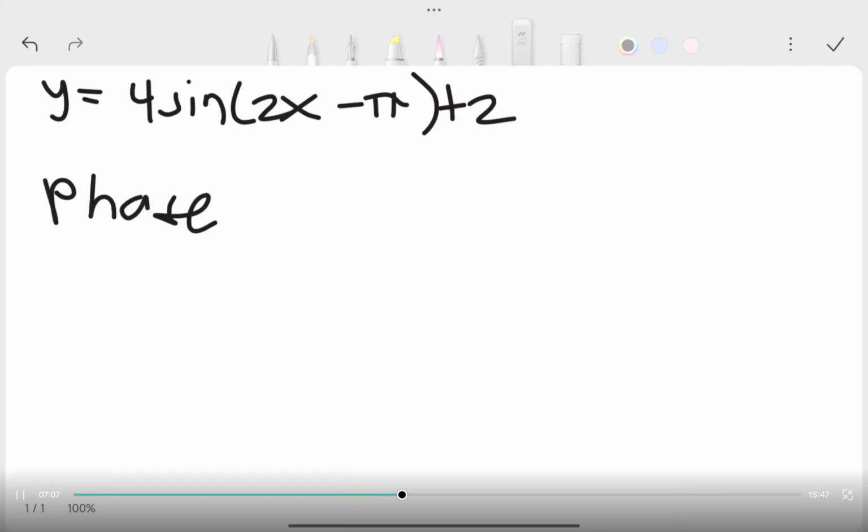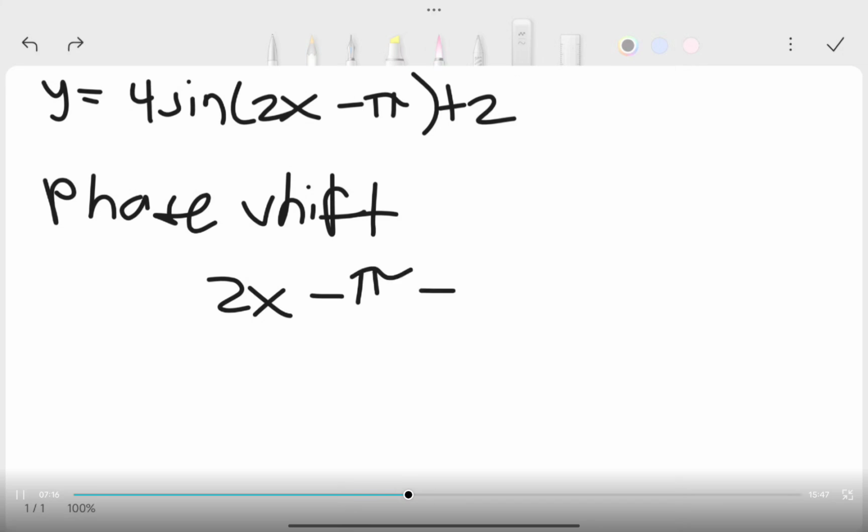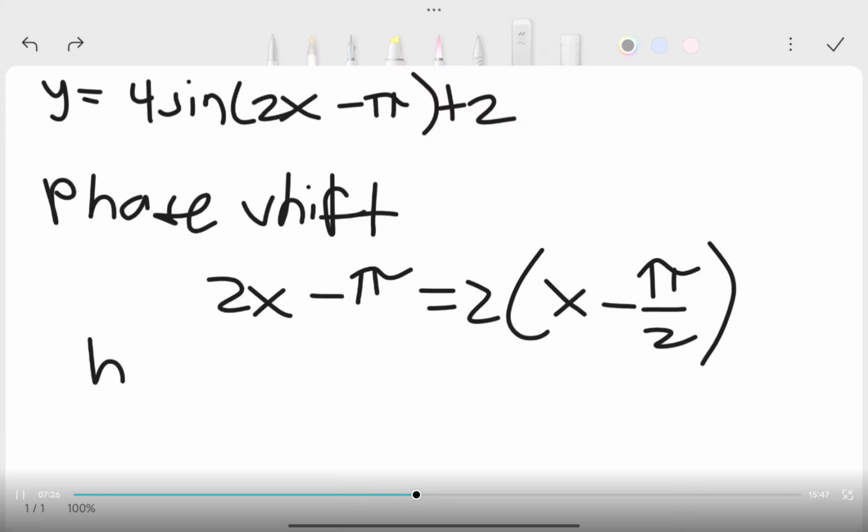So let's proceed to phase shift. So 2x minus pi is equal to 2 times the quantity of x minus pi over 2.